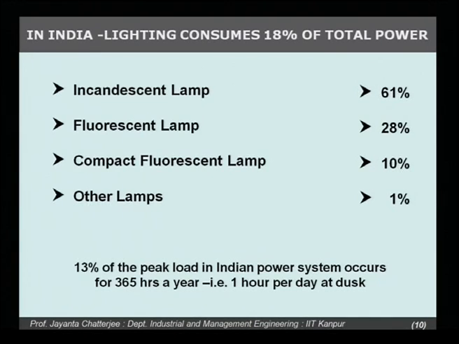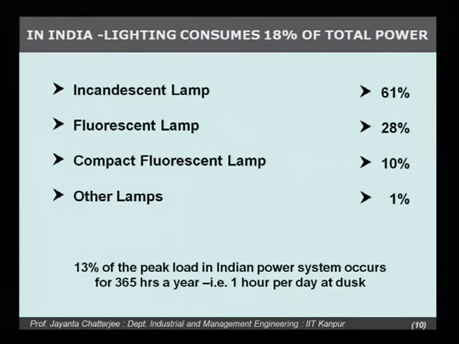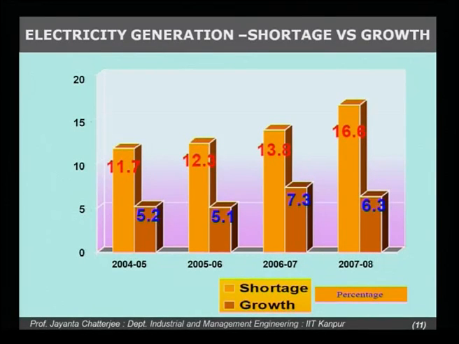On the other hand, the data is provided to you that lighting consumes 18% of the total power. Therefore, if we can make some significant saving in that 18%, then this huge gap that we have in India between the electricity generation versus the demand can be bridged.